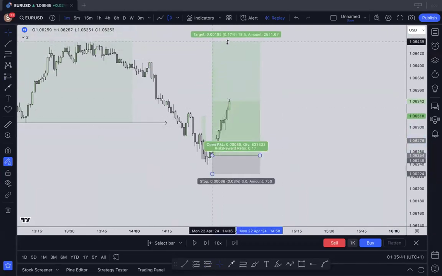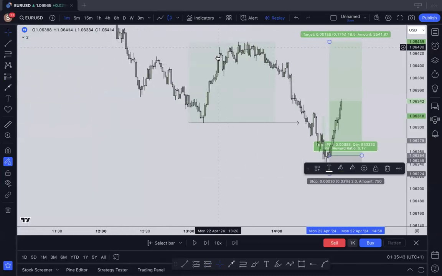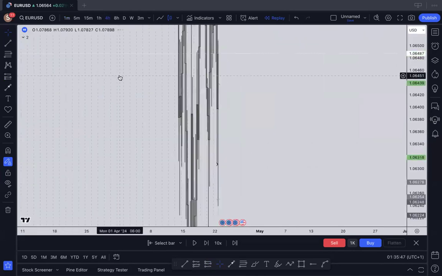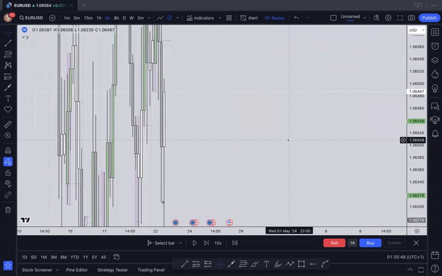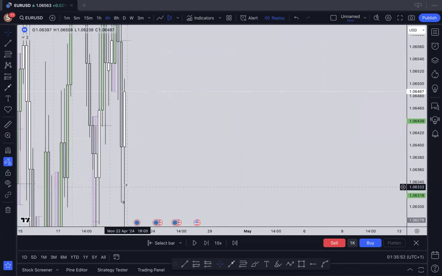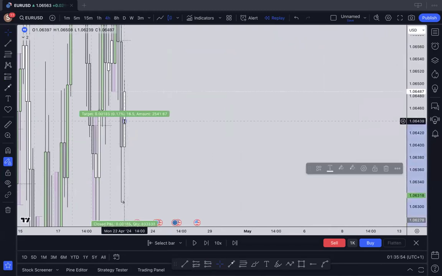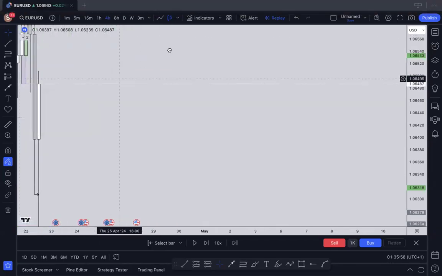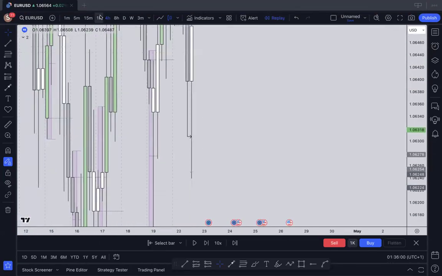And where would we be targeting? Well, you could target up here, the New York highs, or you could target the next H4 MSNR level, like so, which would be here for 9R.